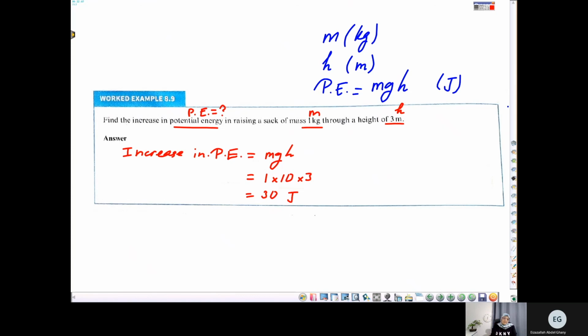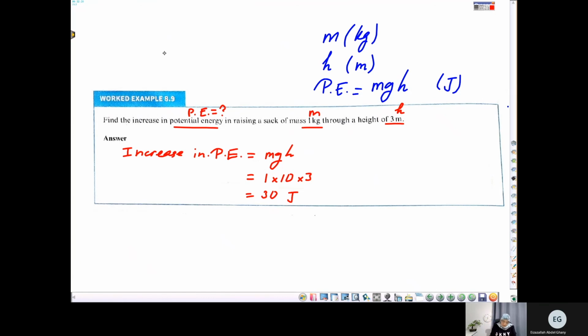When the same body descends through a vertical distance h meters, the work done by gravity is mgh, and the decrease in gravitational potential energy is mgh joules. So potential energy decreases because the height decreases, right?